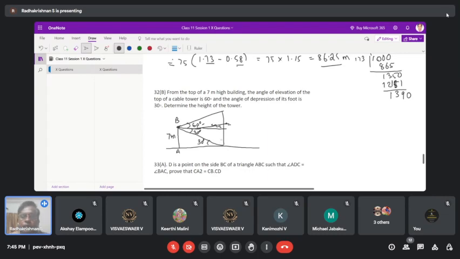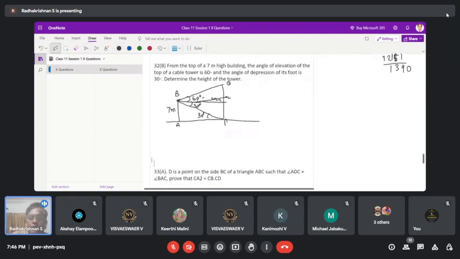So there are two steps involved in this, because this is 7 meter and this is 30 degree. Let us say this is PQ. So we can first of all determine from this triangle ABP, one angle and one side, so we can determine AP. Same logic, right?